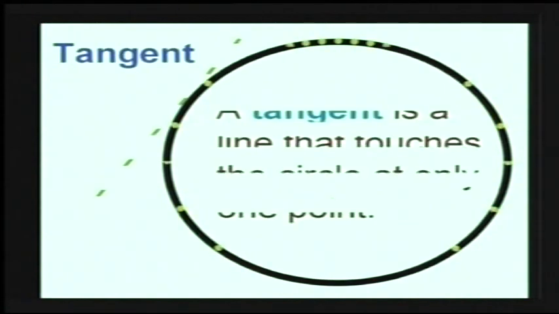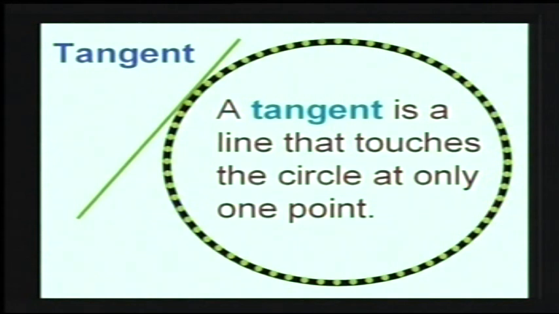The next part is called the tangent. A tangent is a line that touches the circle at only one point. Can you see the green line outside the circumference? When that line touches the circle at only one point, it's known as the tangent.